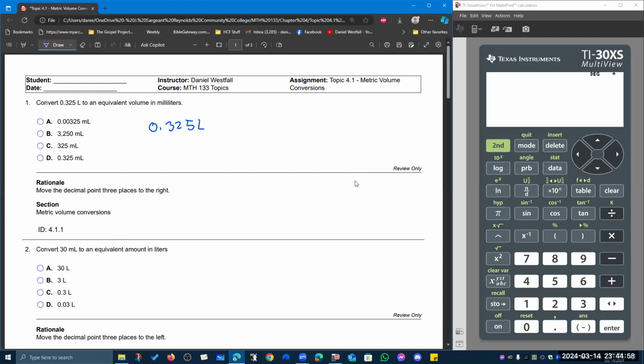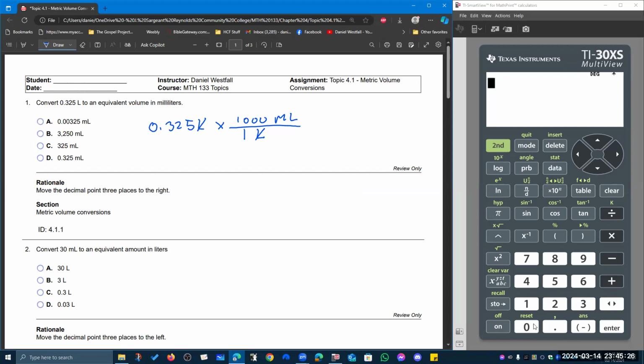0.325 liters. And we're going to convert by saying that 1 liter is 1,000 milliliters. There's also a technique that they tell you about in the textbook, where they tell you with the metric system how to just move the decimal point right or left. I like to show you the conversion factor so that you know when you multiply by 1,000, that's why you're moving the decimal point 3 places to the right.